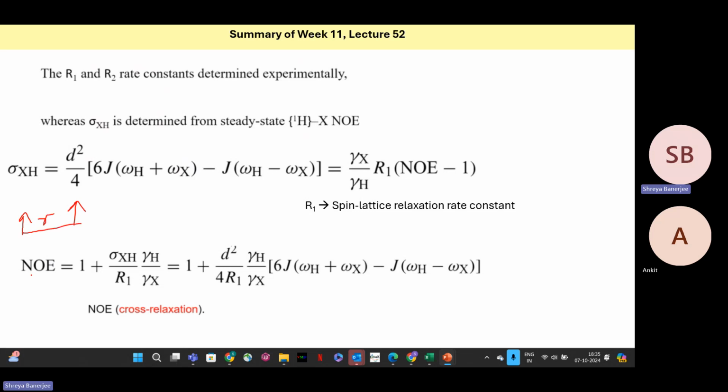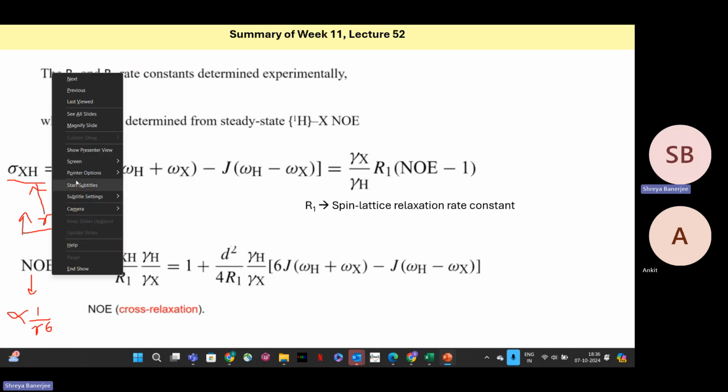We already know that NOE is directly proportional to 1 by r to the power 6. So the relaxation that is happening between these two spins, which we have called sigma xh, it is also dependent on the distance between the spins. So there is a correlation between sigma xh and NOE.